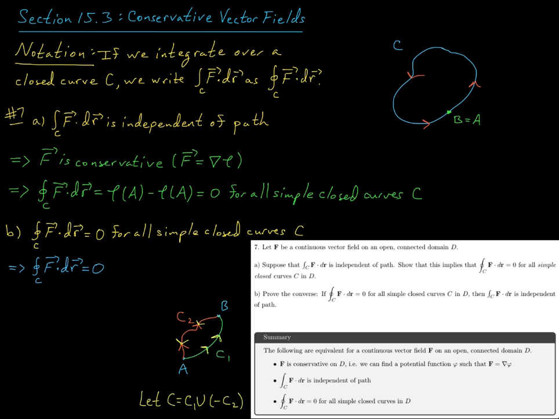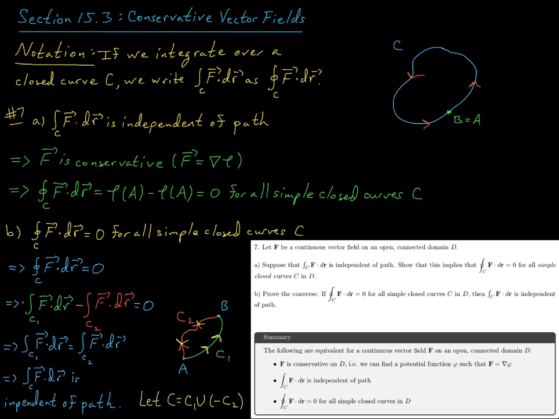But we can now break that up as the integral first over C1 and then integrate over C2, but because of this reversal in orientation, as we've discussed with parameterization and vector field line integrals, that introduces a negative in front of this integral over C2. And so since now this difference is equal to 0, that implies that these two integrals over C1 and C2 are in fact the same. And so that implies that this integral is independent of path. Cool. All right, so that does it for part B.